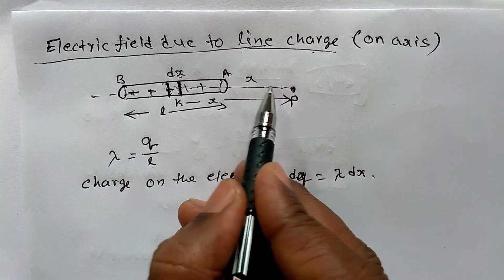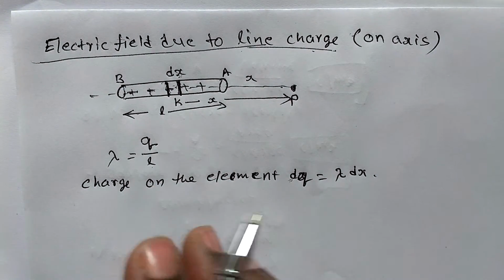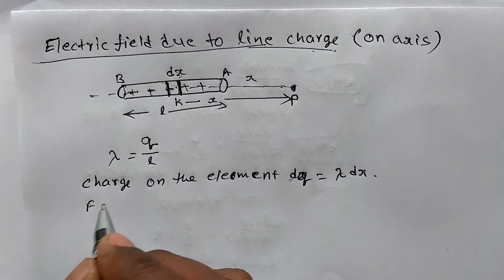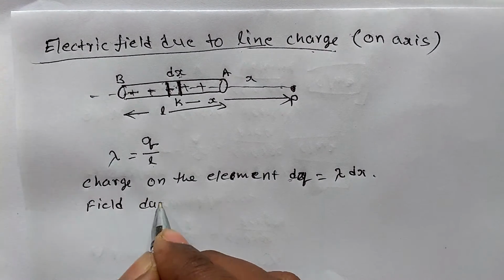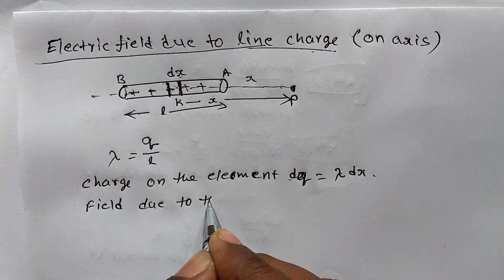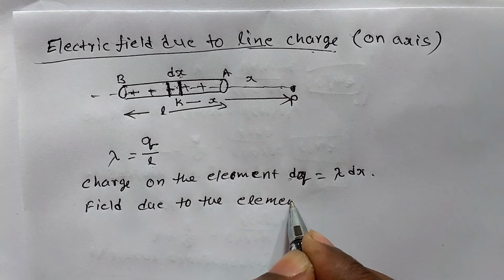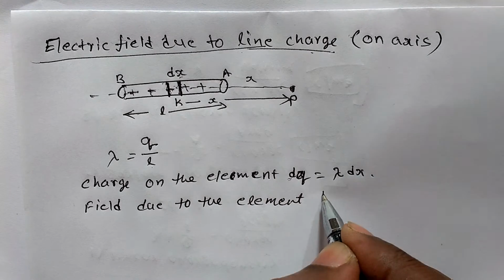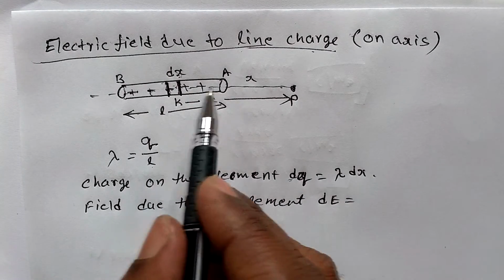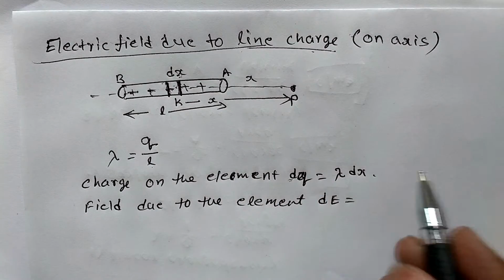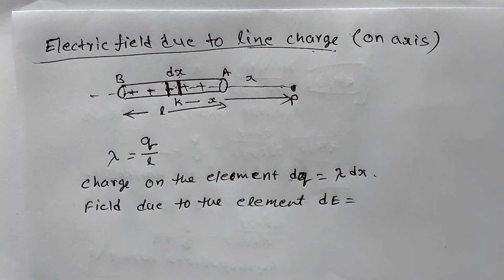Now find the field intensity due to this small element dq. The field due to the element I am considering as dE. It is a point charge, so what is the field intensity at the point P? That is from the formula kq by r square.